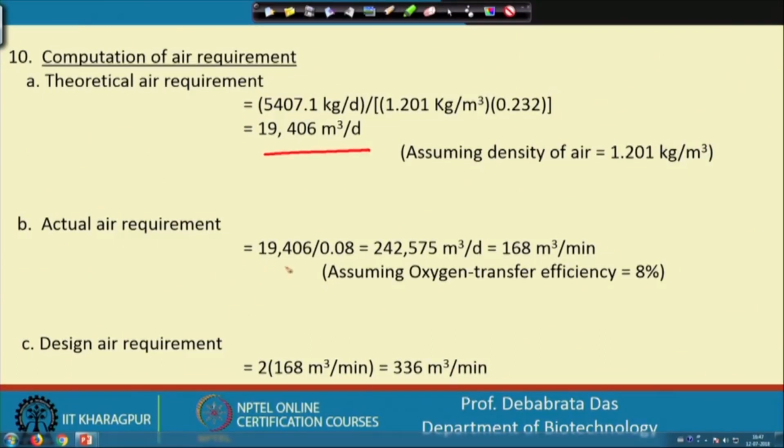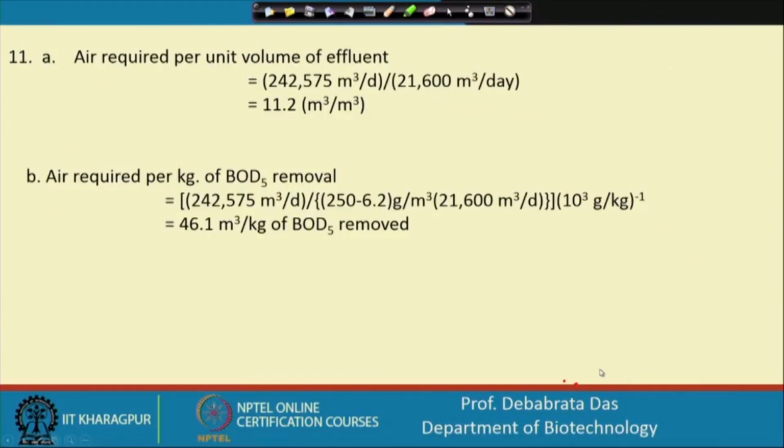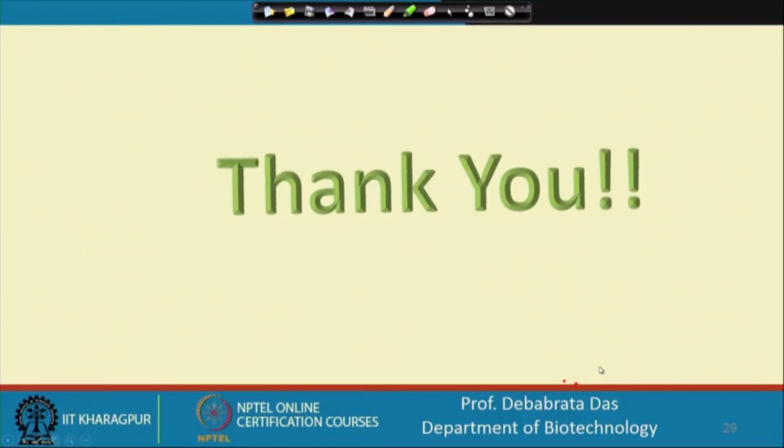We assume the oxygen transfer efficiency is 8%, and then it comes to 168 cubic meters per minute, and for design criteria we consider 2 as the factor of safety, so 336 cubic meters per minute. So, we can calculate what the capacity of the aerator should be in this reactor, and we can find out the requirement per volume of effluent and per kg of BOD removal. I hope if you do it by yourself, you can easily find out how it can be solved.